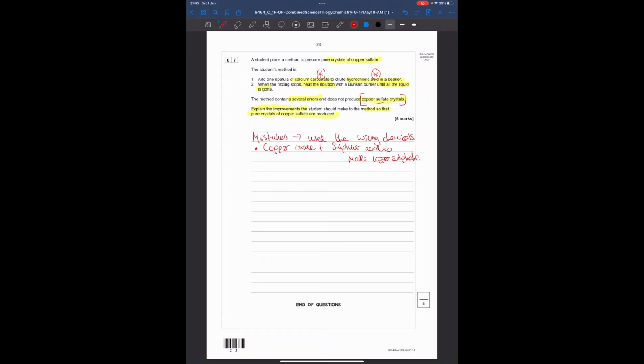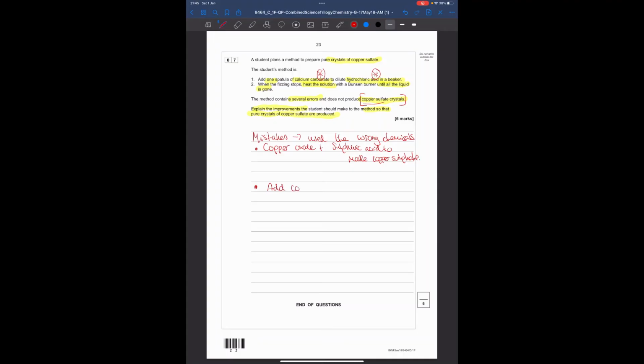The other key thing is that they've missed several key steps out of their method. They've said they should add 1 spatula of calcium carbonate, or their chemical. Now, when you do this practical, hopefully you remember, you add the copper oxide in excess.